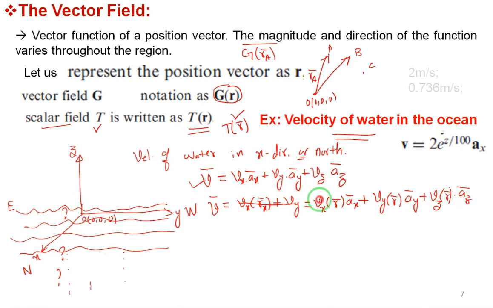If I want to write the vector field specifically, Vx means it is a scalar function of a position vector, because Vx, Vy, Vz are scalar components. They should not be vectors. They are scalar components of a vector.